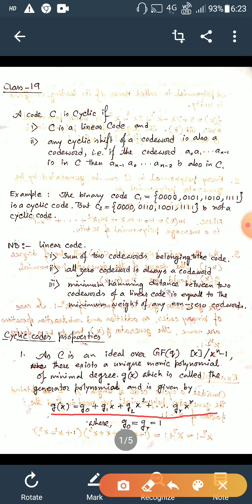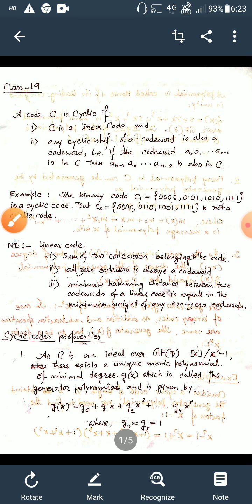It should be remembered that, due to the monic polynomial, g0 and gr should have the value 1. Also remember that the left hand side is the lower degree, the minimum degree, and the right hand side is the maximum degree.